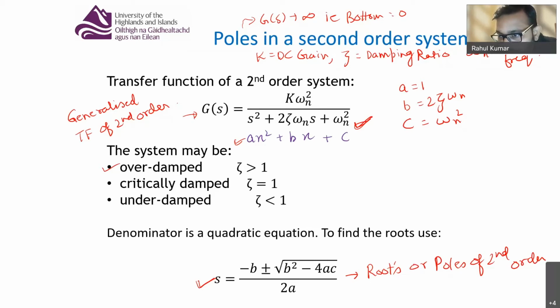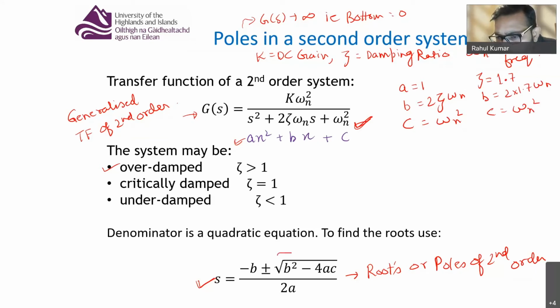That means the value of b, 2 zeta omega n, let's say zeta is maybe 1.7 or something like that. Okay, any value greater than 1. So b will be 2 multiplied by 1.7 omega n, like that, and c is omega n square.